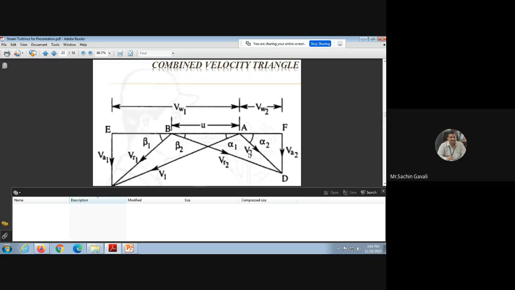Roll number 4. And don't write roll number. I am taking attendance. Only that particular person, if he is unable to give attendance, then he can write that roll number.